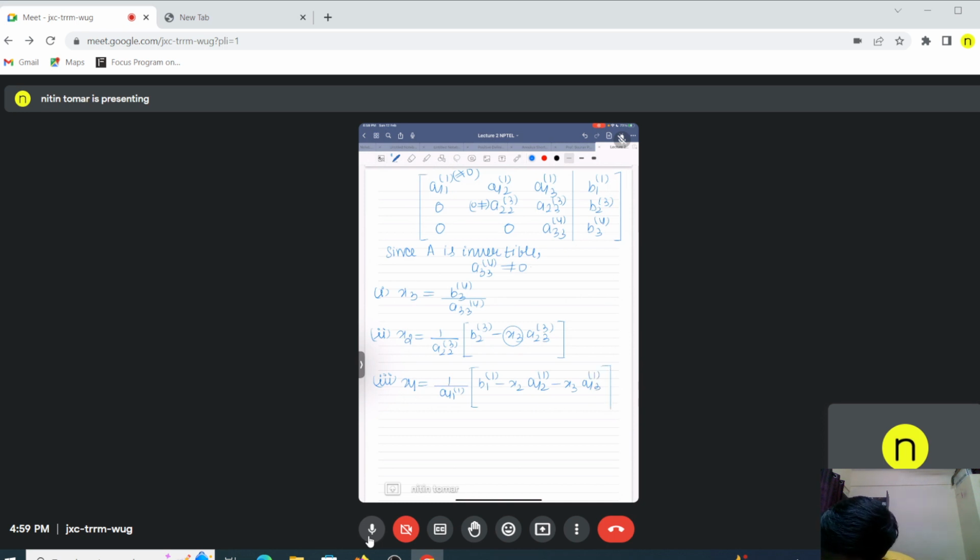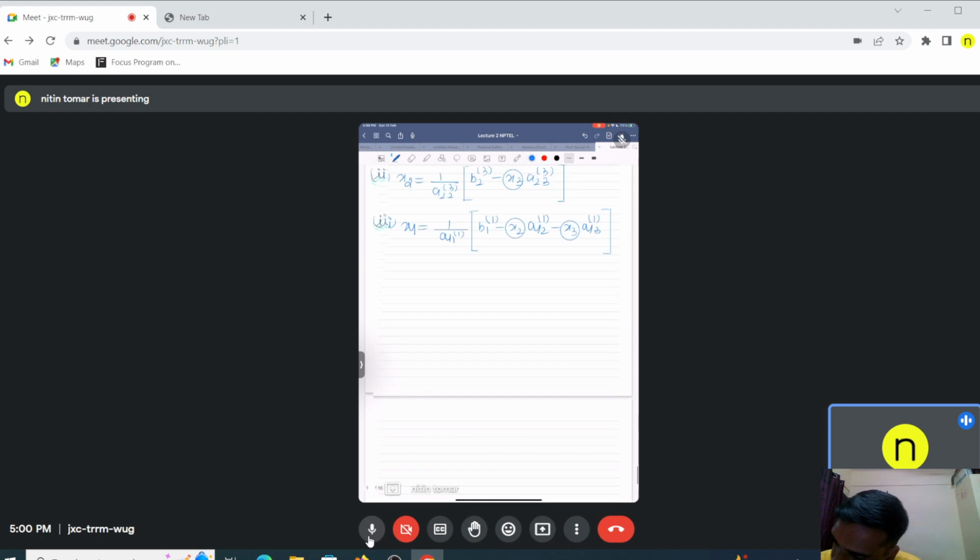Again these two values you know from the previous two steps. So what are we doing? We are again using backward substitution, right? Now this method works for an invertible matrix. This method has no problem as long as we are dealing with an invertible matrix.